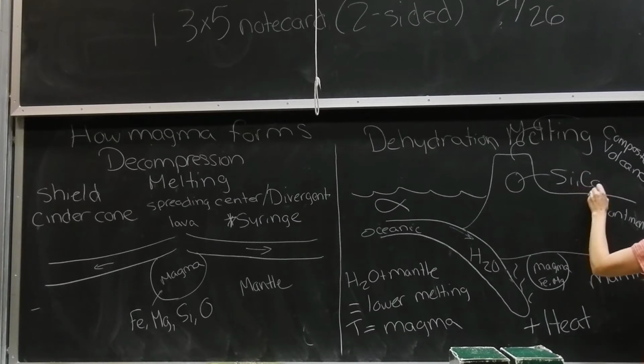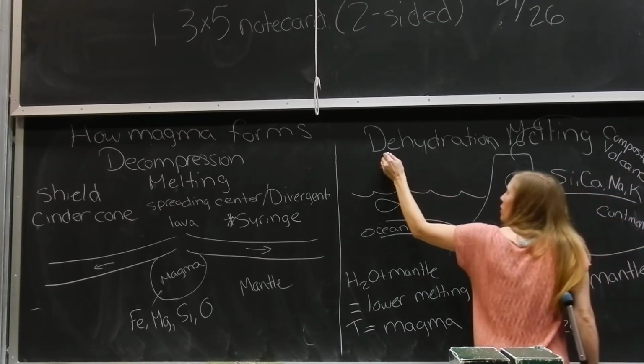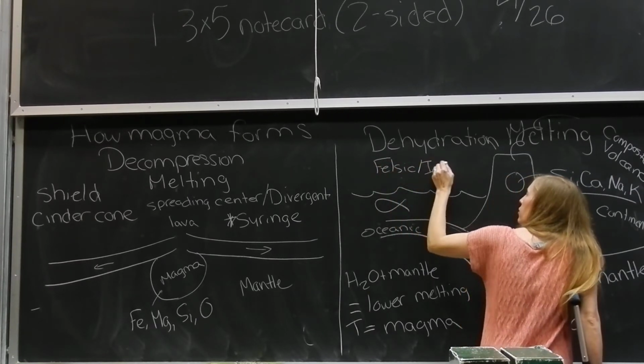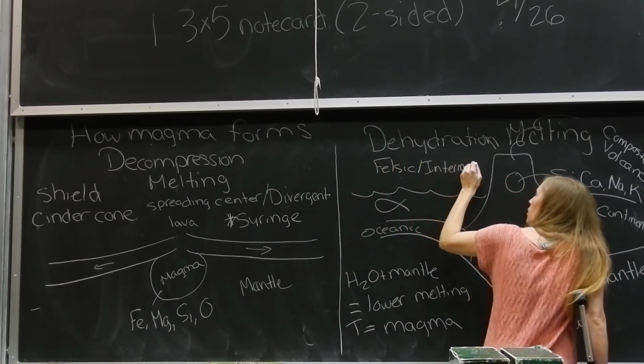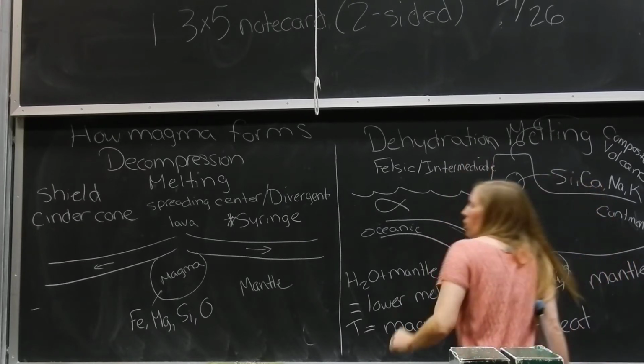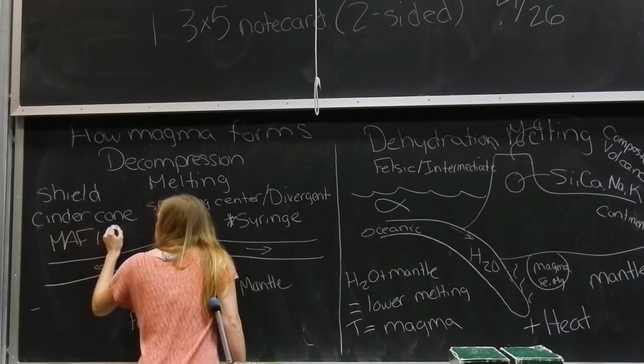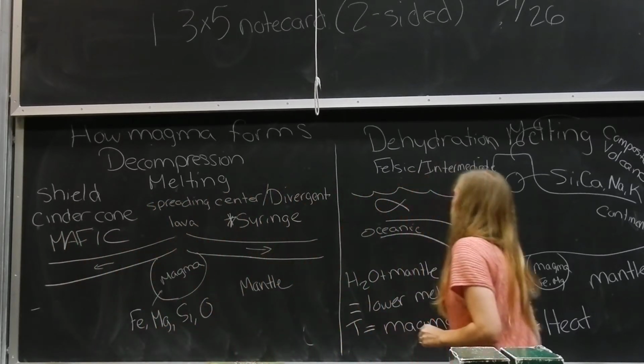We'll also have a lot of calcium, sodium, and potassium. And we call this either felsic or intermediate. Whereas over here, we call this mafic.